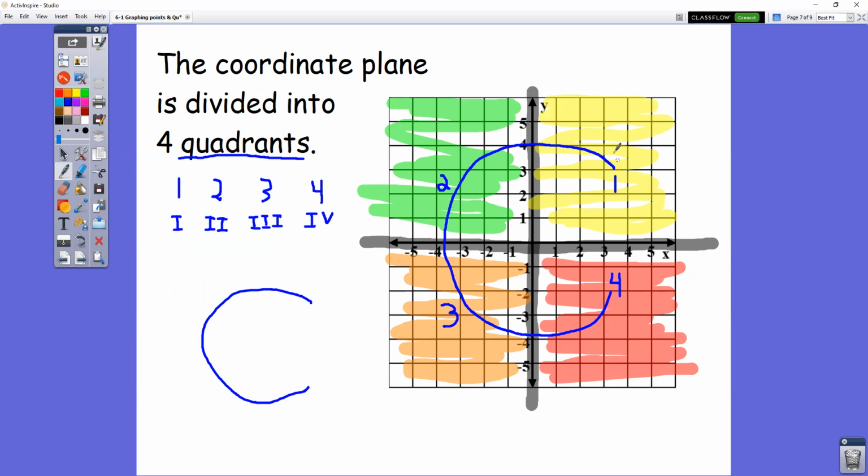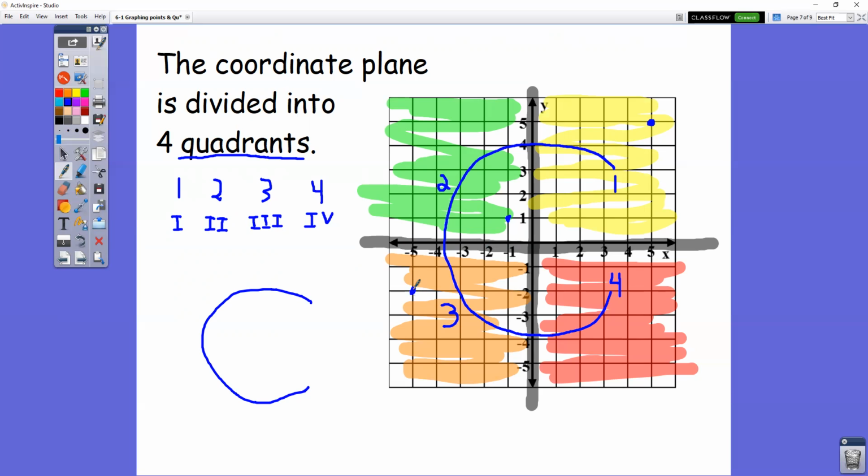So any point that's in this yellow area, if we had this point, 5, 5, any point in this yellow section would be in quadrant 1. Any point in this green section, let's say that we had -1, 1, this point right here, that point is in quadrant number 2. Let's say that we had -5, -2. We had this point.